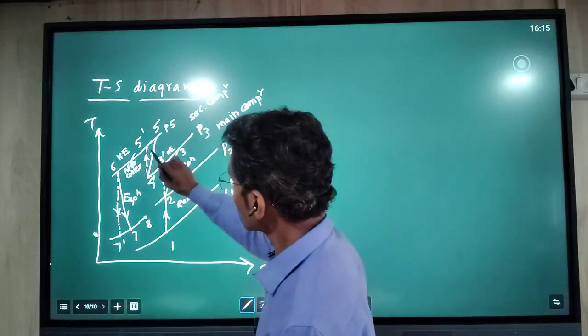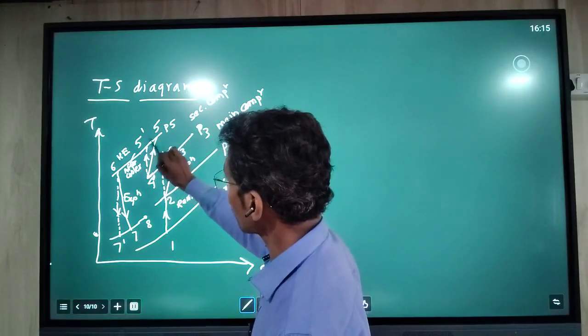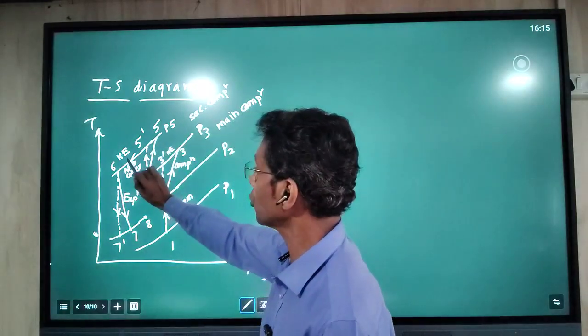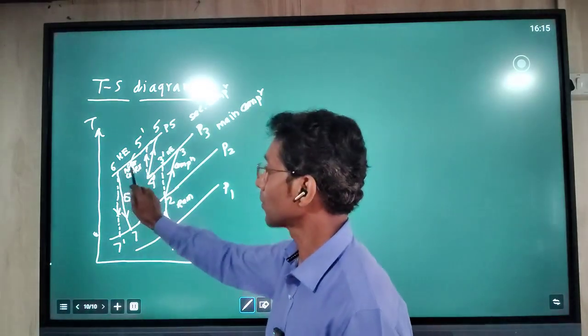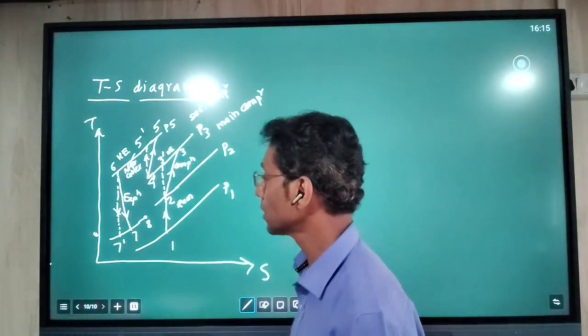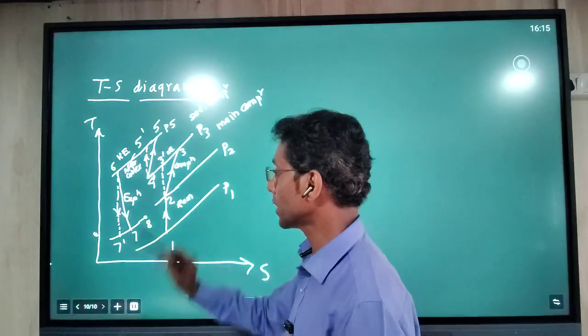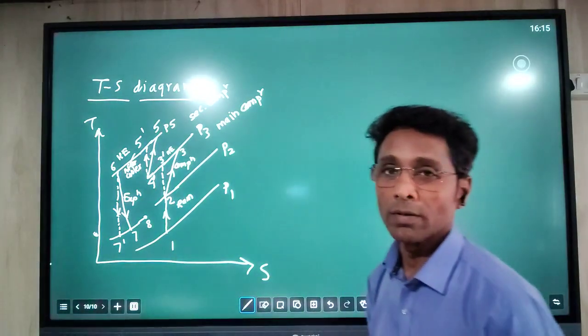Here 4 to 5 and 4 to 5 dash are ideal and actual. 5 to 6 is again cooling of the air in the second heat exchanger, called the after cooler. Then 6 to 7 is expansion in the turbine, and 7 to 8 is the journey of the air from the turbine to the cabin.